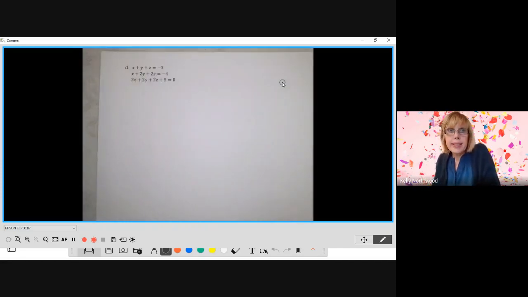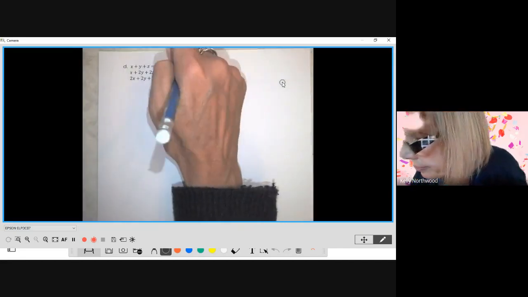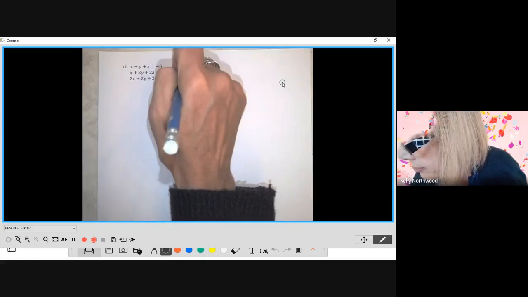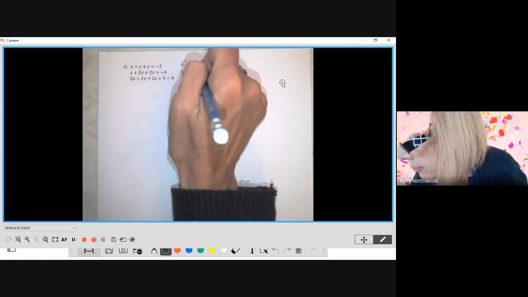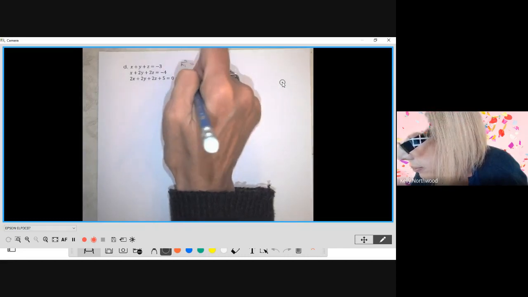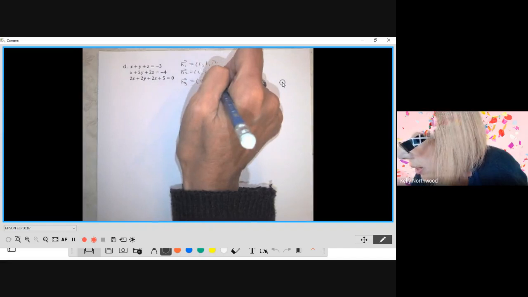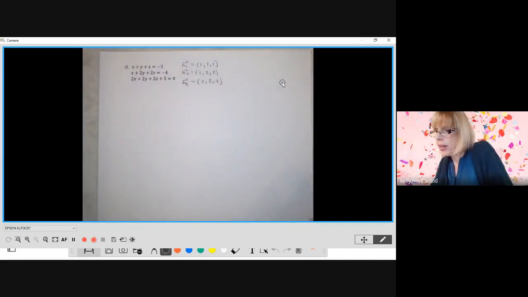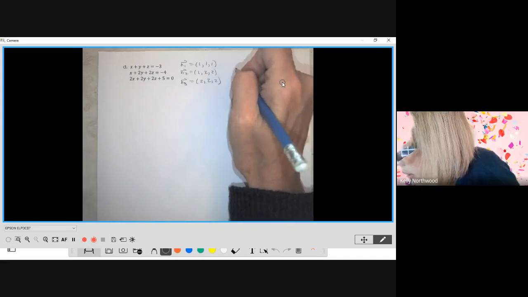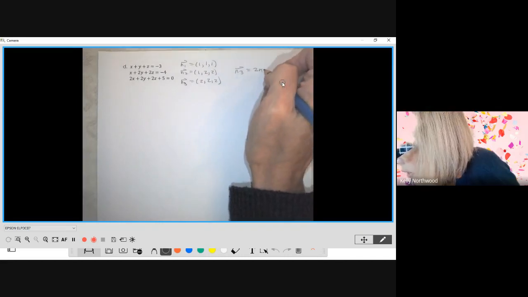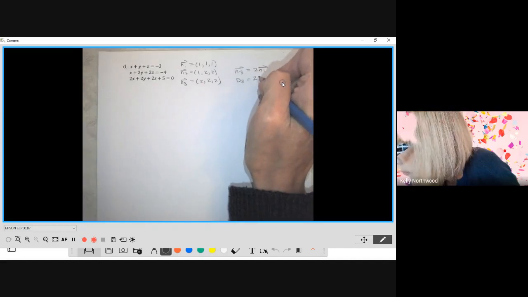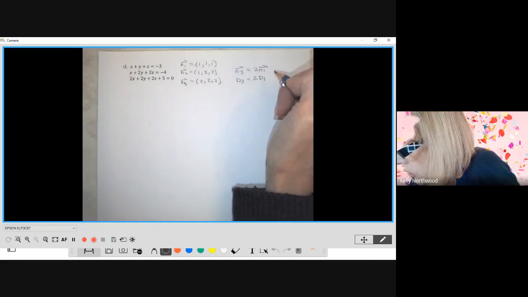All right, look at these normals. Oh, I see some N1 and N3. So N3 equals 2N1. So now we're going to check the D values. Not true.